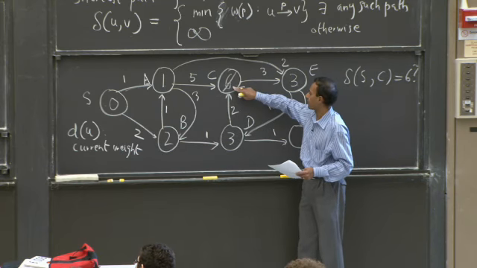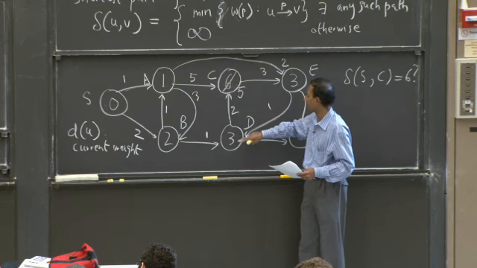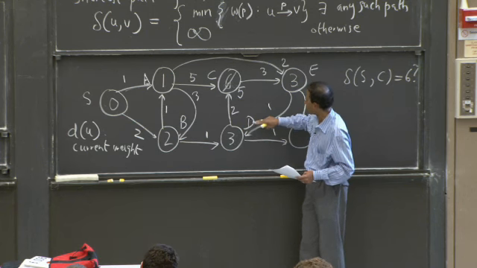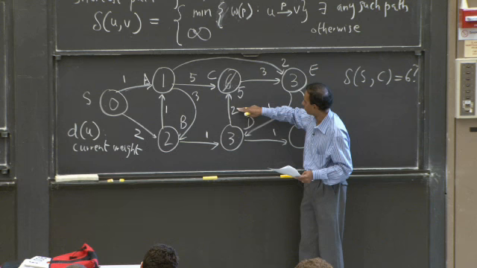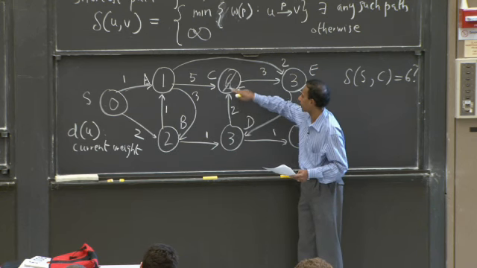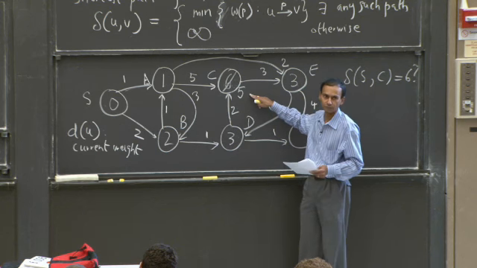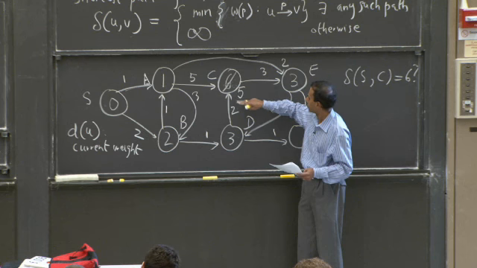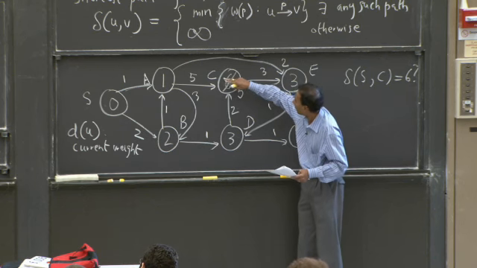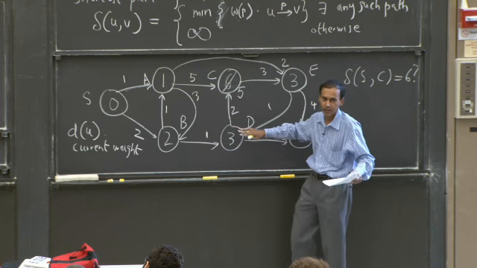And I look at it and I say d of C is 6. On the other hand, 6 is greater than d of the vertex D, which happens to be 3, plus 2. And since 5 is less than 6, I can relax this edge and update the value of 6 to 5. All right? And then I update the predecessor relationship to have pi of C be D. Okay? That's the notion of relaxation.